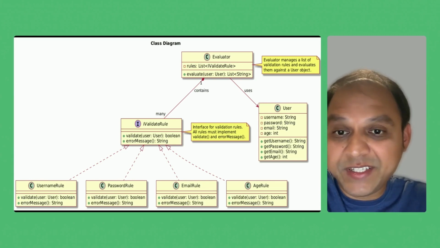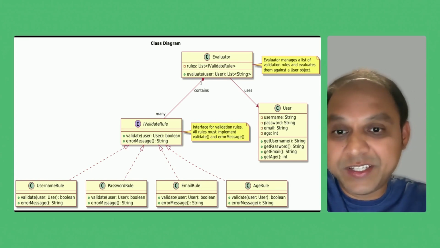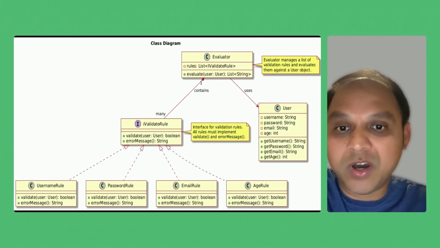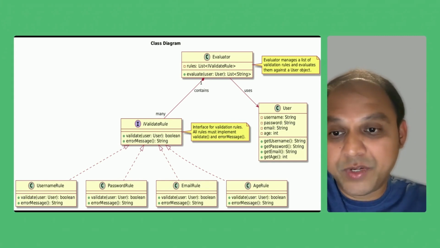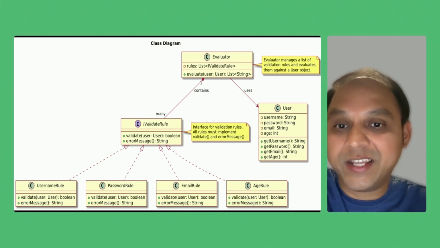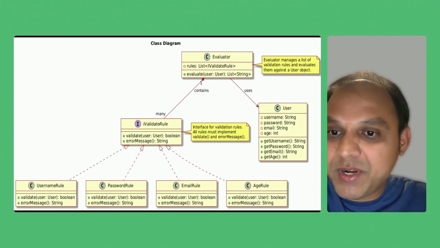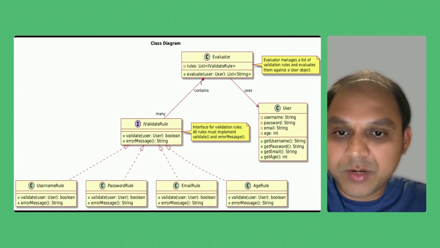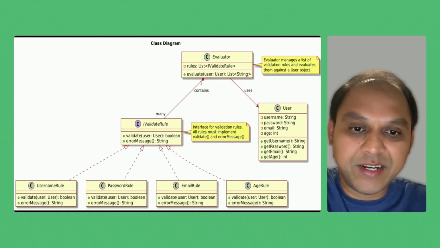This interface has just a validate method which takes the user as the input and returns whether this validation is successful or not, a boolean value, and the error message. For each validation, if it fails, I am going to add an error message. So here I have implemented a username rule, a password rule to check the password, and then email, and then age.